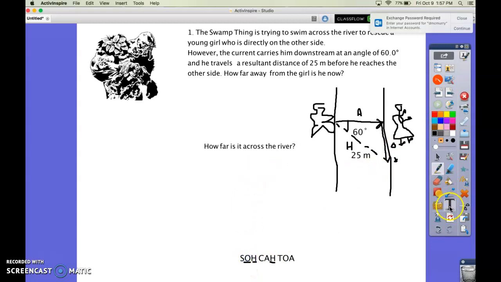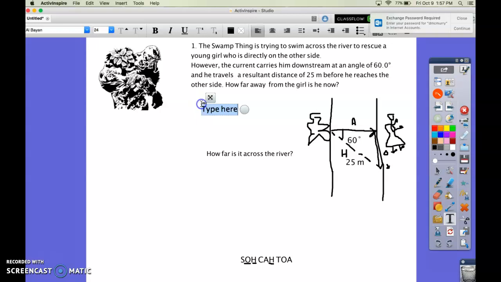All right, so our formula is sine of our angle, which is 60, is equal to, according to our formula down here, the opposite, which we don't know what that is, x, divided by the hypotenuse, which is 25 meters.